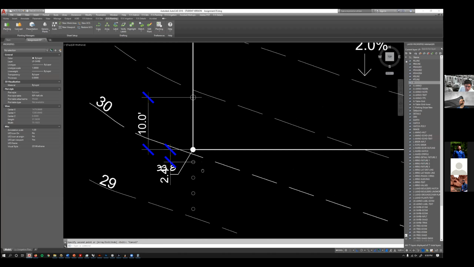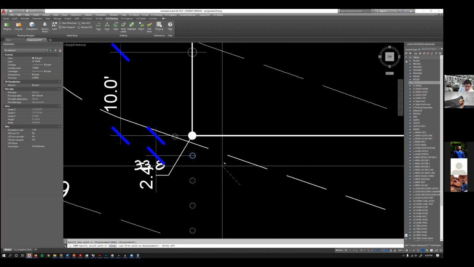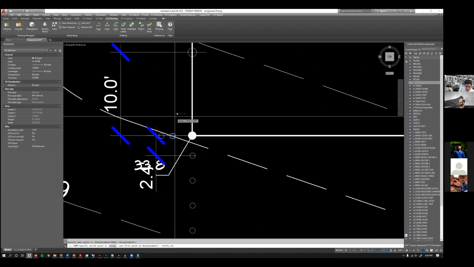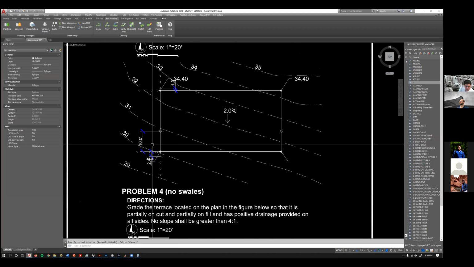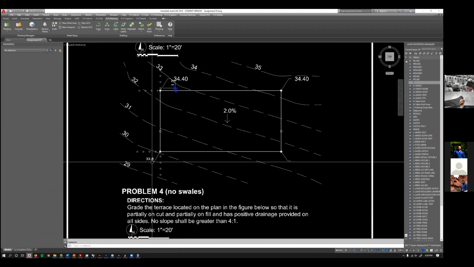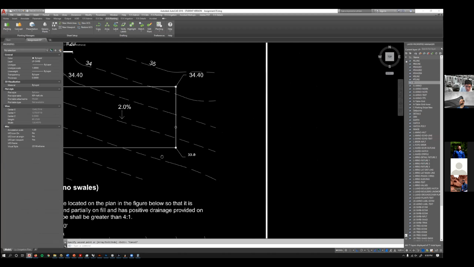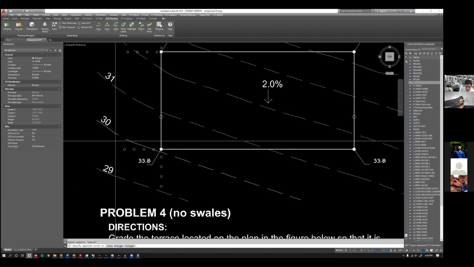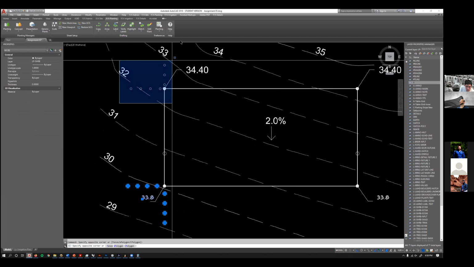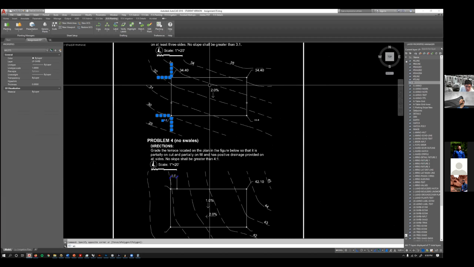Do the same thing on the other side. And it's the same on both sides, right? Because there's no cross slope or anything. Each corner is the same elevation, so your dots are going to be the same. So you're going to draw the same spacing on both sides.